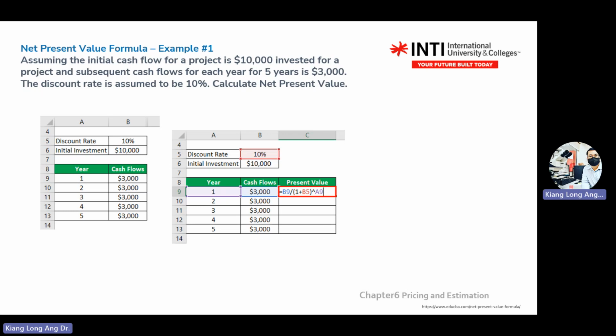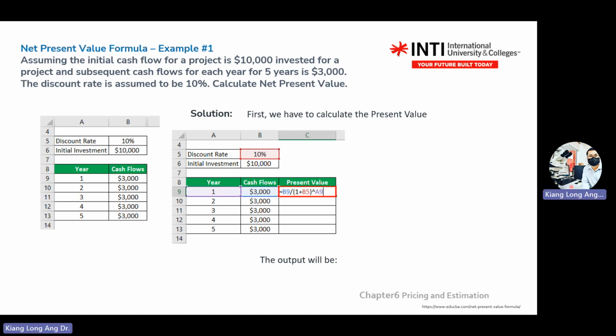So you use the equation just now. Maybe I'll show you. For the present value, you take the cash flow divided by 1 plus the rate. You convert this 10% to 0.1, like the one that you calculated just now.